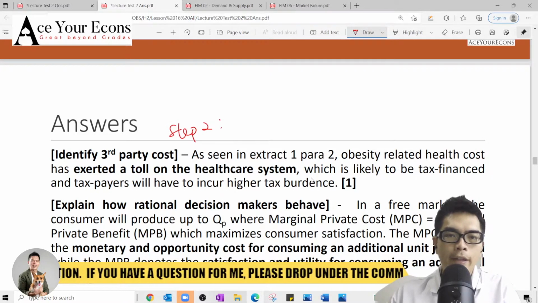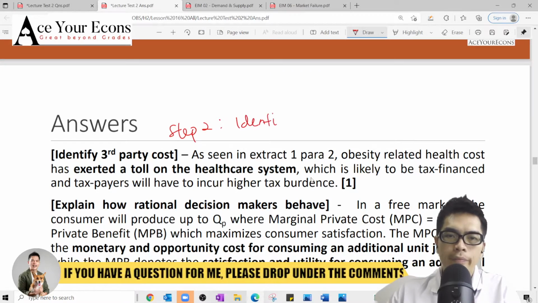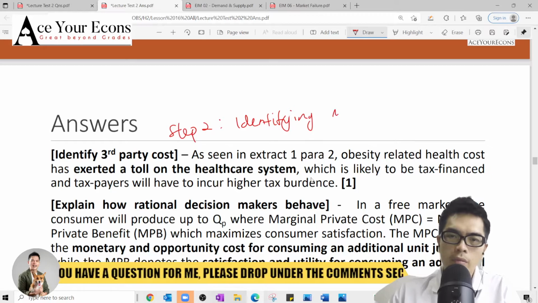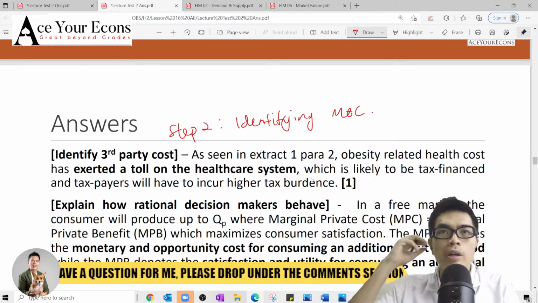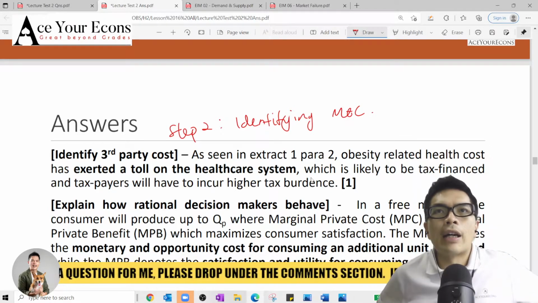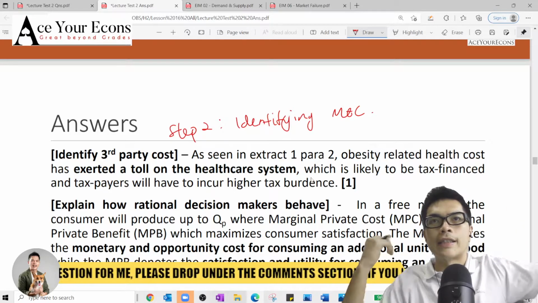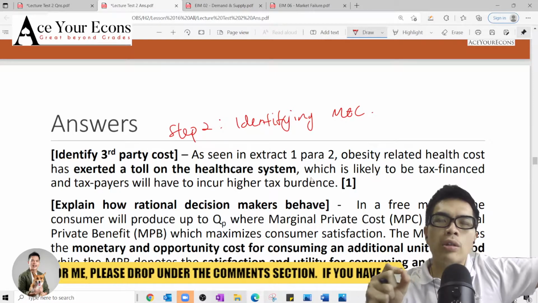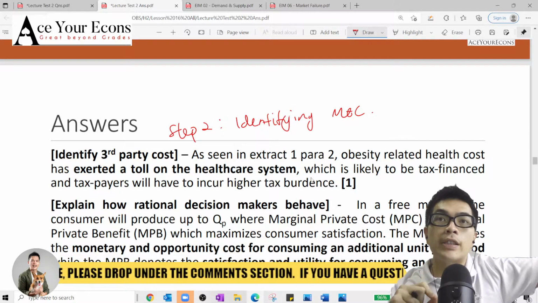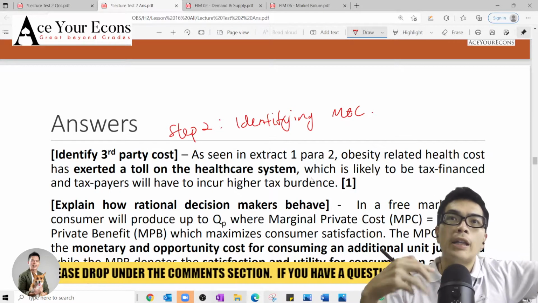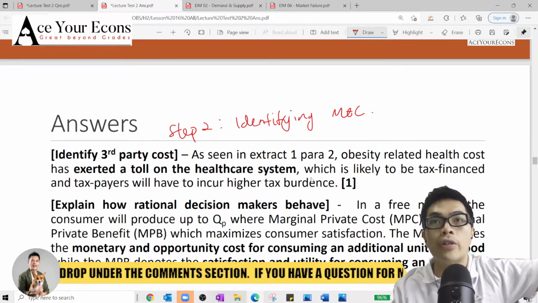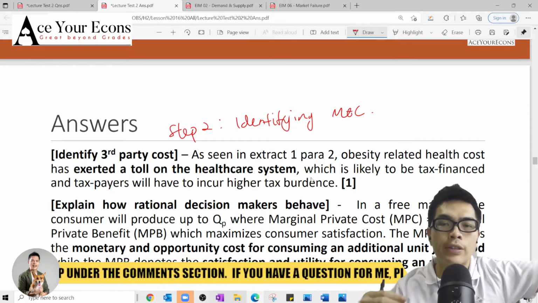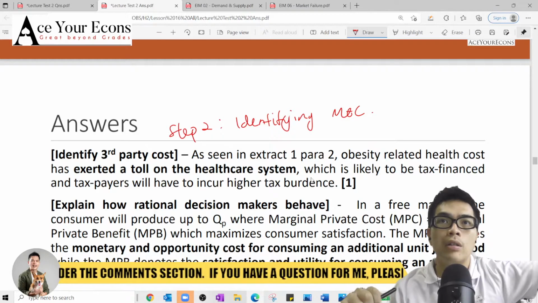So you want to bring out step 2, identifying the MEC. As a rule of thumb, whenever you encounter a market failure question or a seemingly demerit good, always look out for negative externalities first. If time permits, then you address info failure. The priority is always negative externalities.